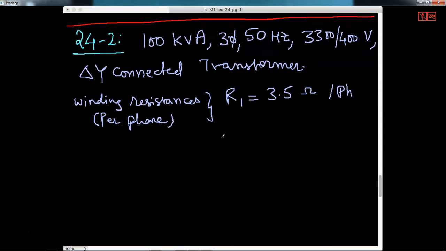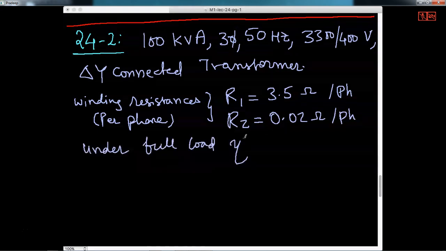All right. So under normal full load, the efficiency is 95.8% at 0.8 power factor lagging.